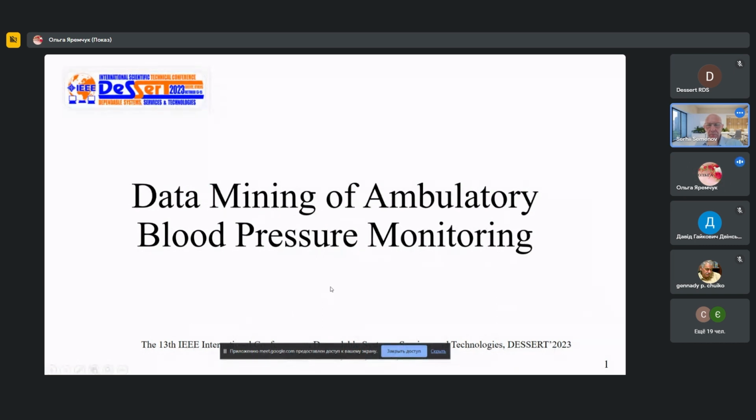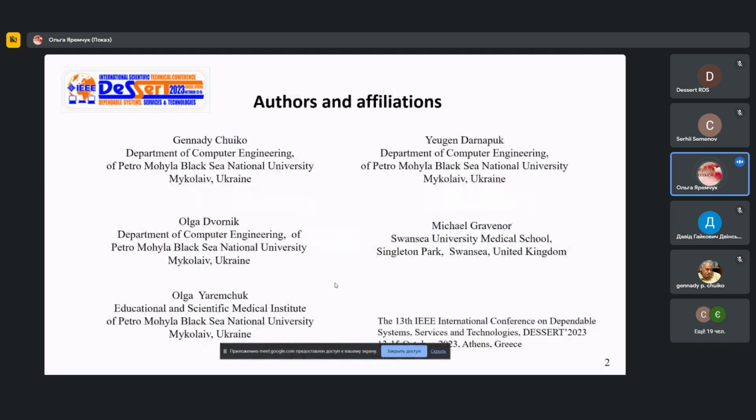Okay. So the report presents a data mining analysis of the ambulatory blood pressure monitoring database, which was published in 2017 and includes data from 270 patients. The analysis involved processing, denoising, unsupervised machine learning, and feature selection using Java-based software, especially Weka 3.9.6.